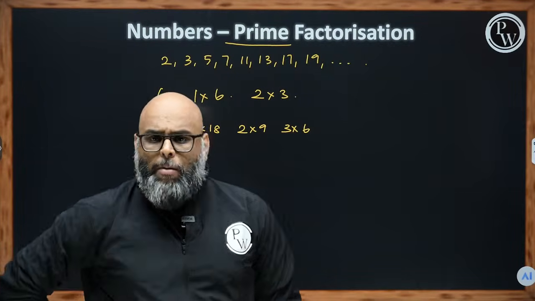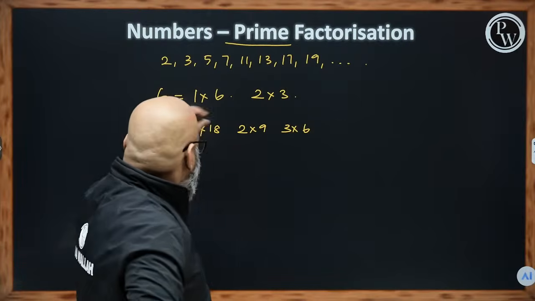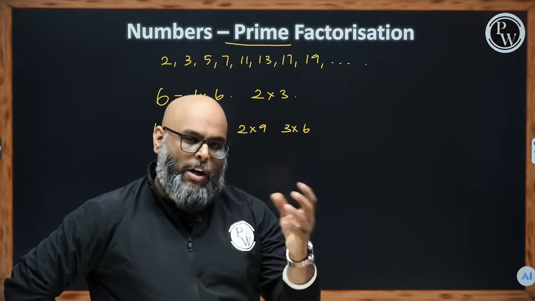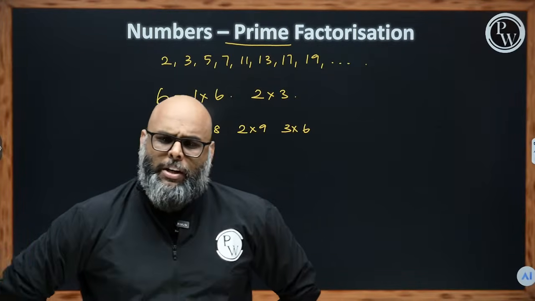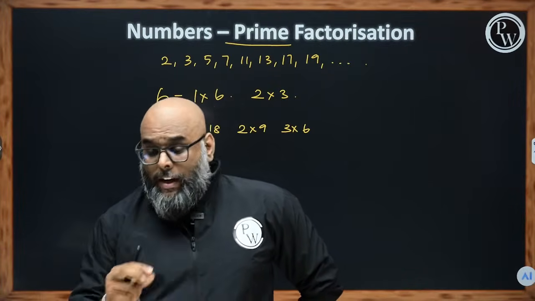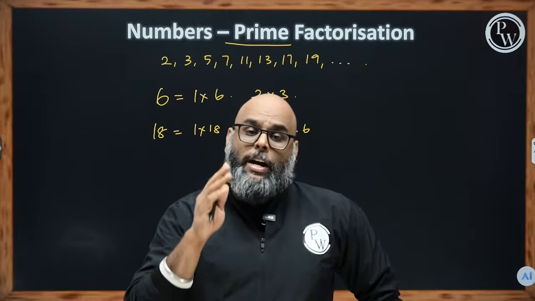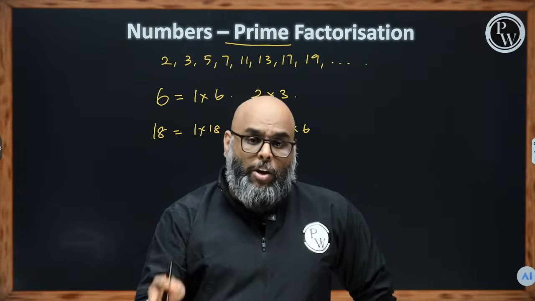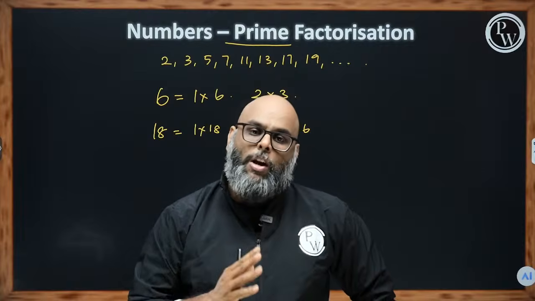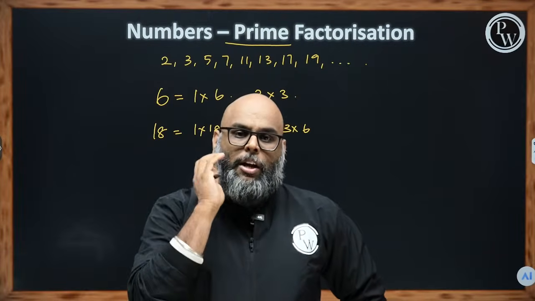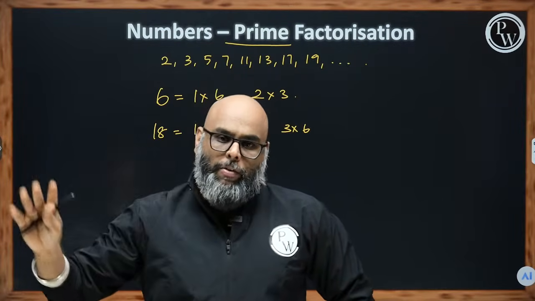The best part about prime factorization is this: there are multiple ways to represent a number. If I take a larger number, I'm pretty sure there are going to be a lot more ways to represent it. But prime factorization gives you a way of writing that number uniquely. All natural numbers can be written in a unique prime product way.